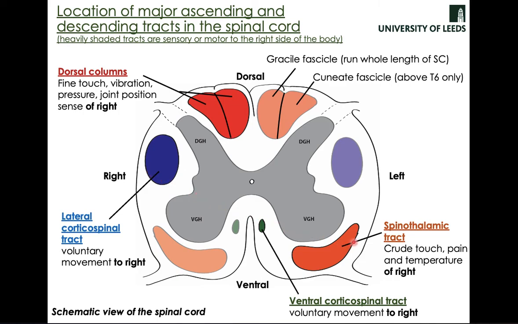But this spinothalamic tract located on the left side of the cord carries information from the right side of the body. How come? Well, I'll give you a hint, and all of this is related to how different fibers are going to cross the midline at different levels through the central nervous system. Okay?